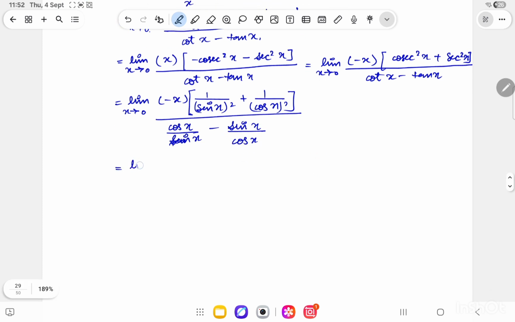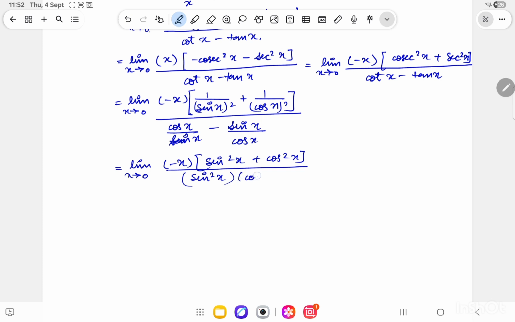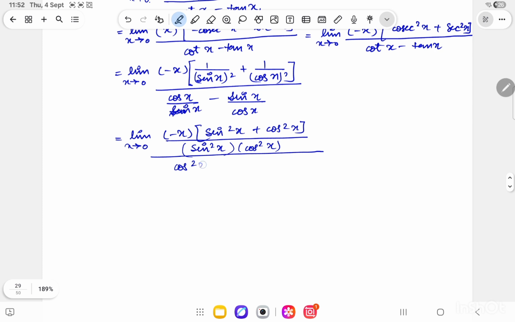If I simplify it, I'll get the limit as x approaches 0 of minus x into (sin square x plus cos square x) divided by sin square x into cos square x, divided by (cos square x minus sin square x) divided by sin x cos x. This sin x balances 1 power here, and likewise this cos x balances 1 power here. So my limit is the limit as x approaches 0 of minus x into (sin square x plus cos square x), which is 1.